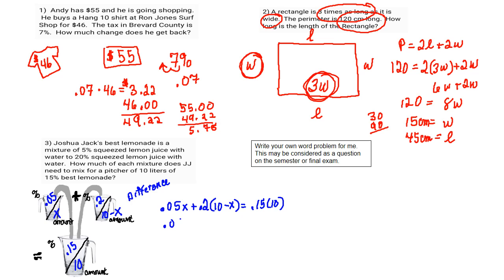Okay, so 0.05x, and 0.2 times 10 is going to give us 2, and then minus the 0.2x, sorry, and equals a 1.5.